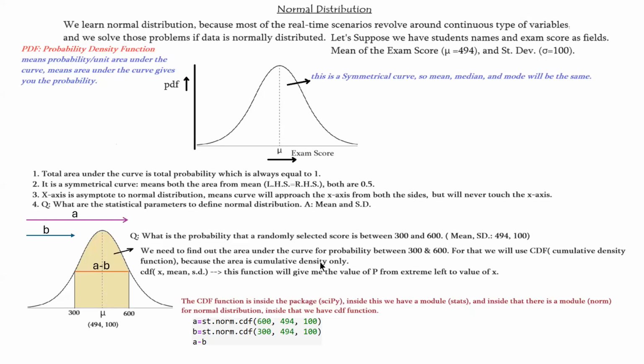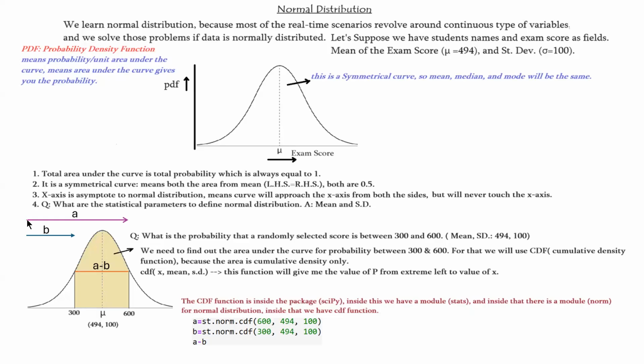Now, what are the parameters we have to provide in this CDF function? In CDF, firstly, we will provide the value of x, then the mean, and then the standard deviation. So let us suppose I want this area from 300 to 600.